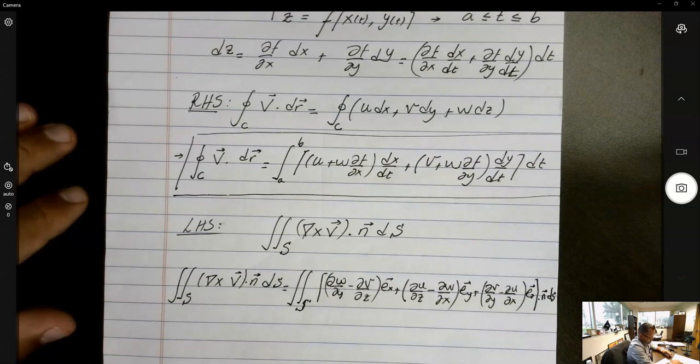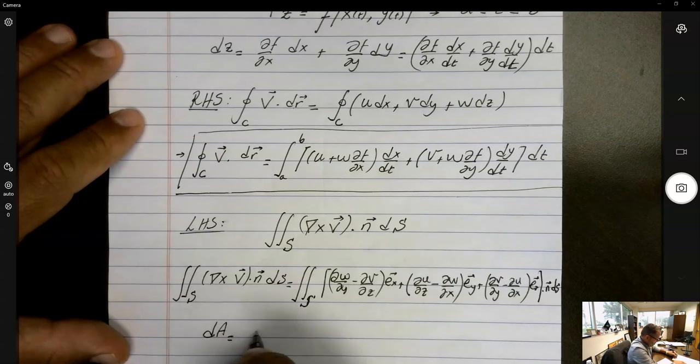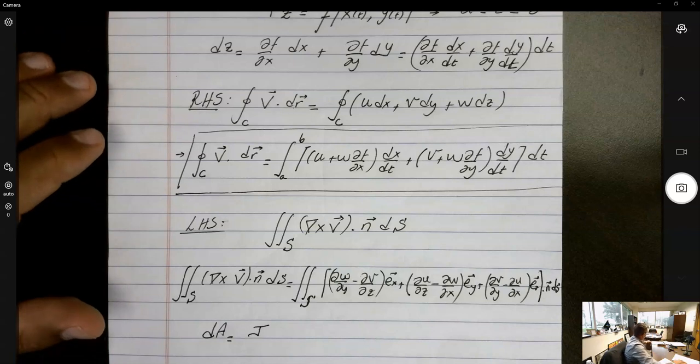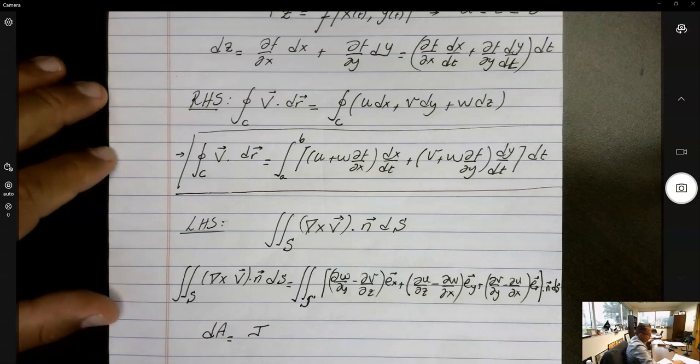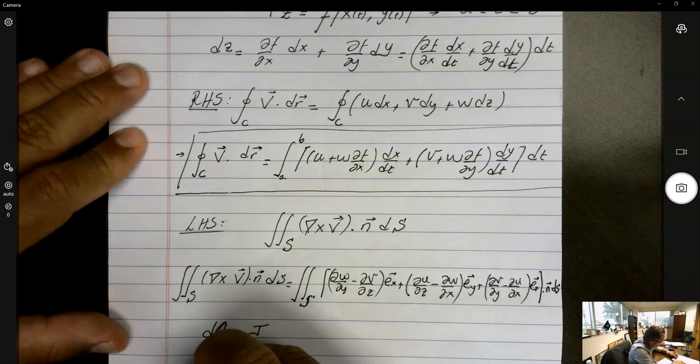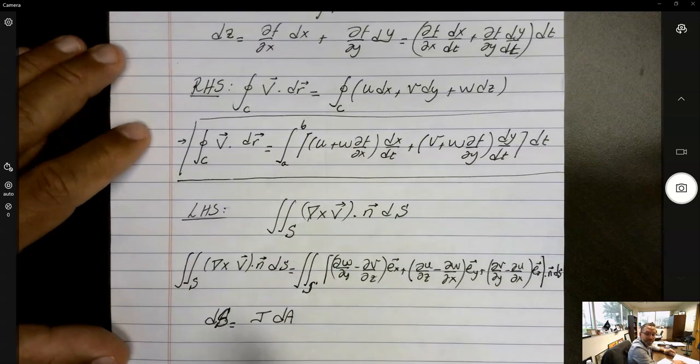All right. Remember that dS is equal to the Jacobian times the differential of area.